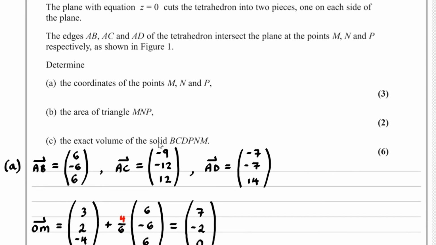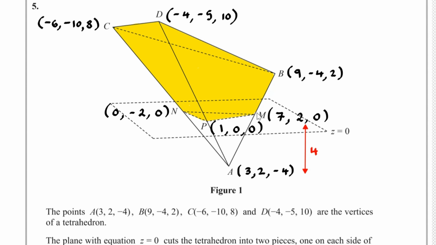Now, to do that, well, I can find out this smaller volume of the tetrahedron, the larger tetrahedron, and then subtract them. Now for the smaller tetrahedron, well, if I know this area of this triangle, I can find out the vector MA and then find the volume of A, M, N, P.